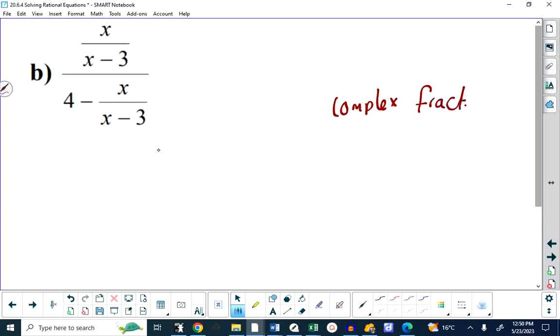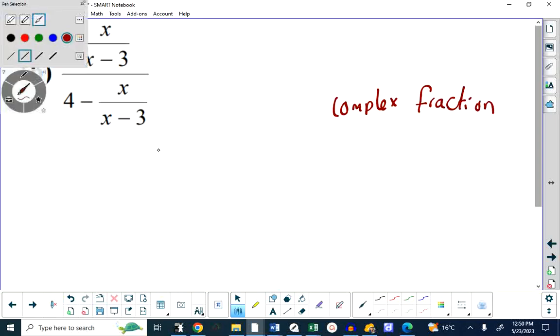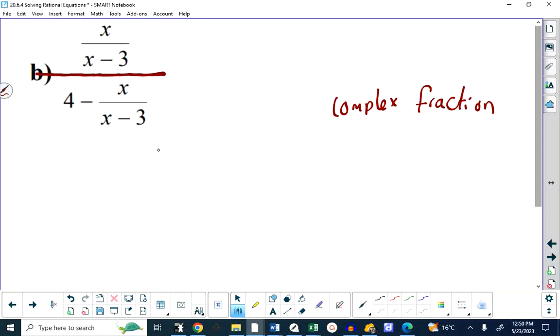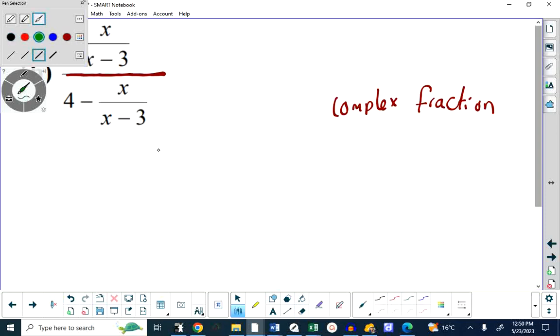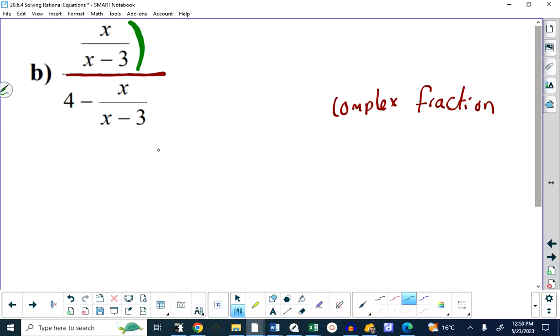When I look at the big picture here, everybody, this is a single fraction indicated by that line. It has a numerator, which is this thing, and it has a denominator, which is that thing.